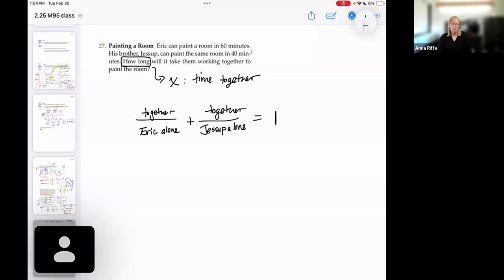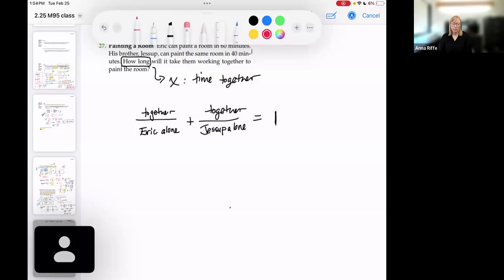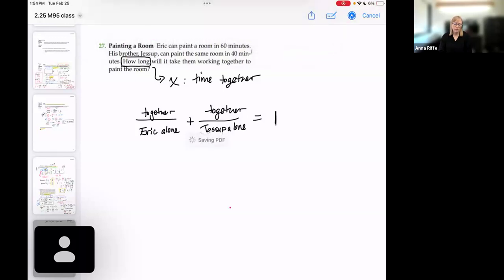Anytime you see an equation involving different speeds at which different workers can do the same job, this is the basic setup that you want to use.